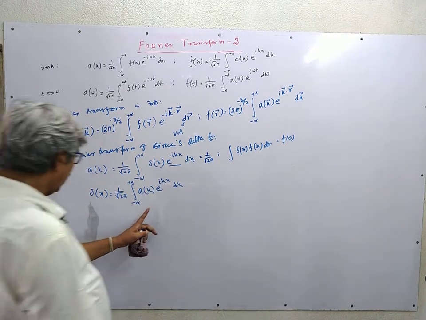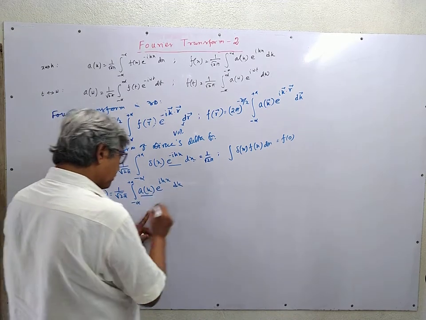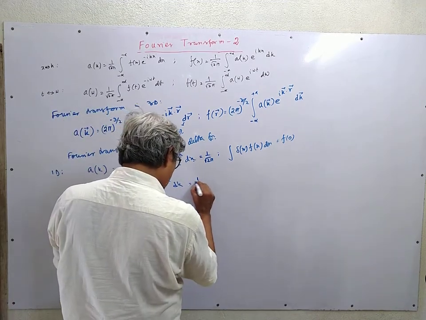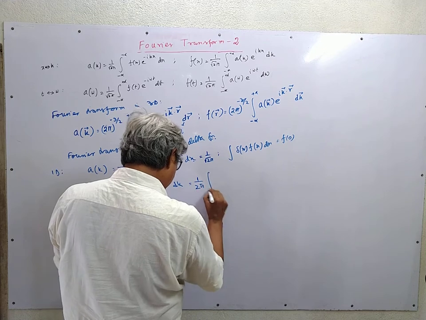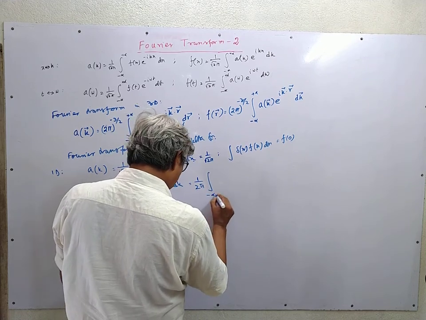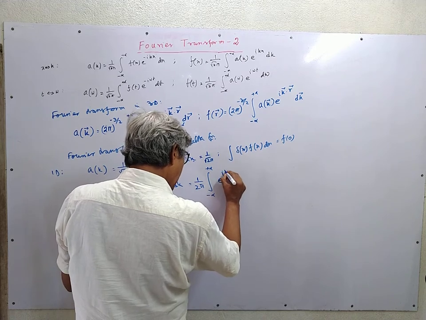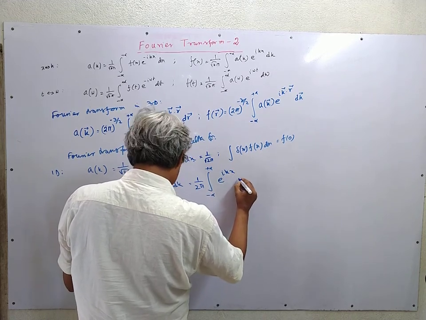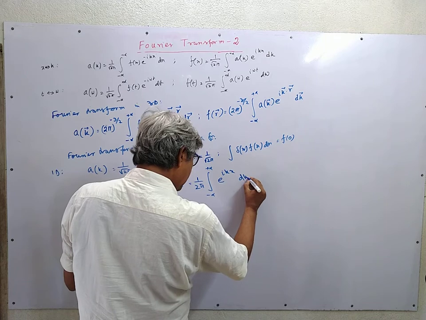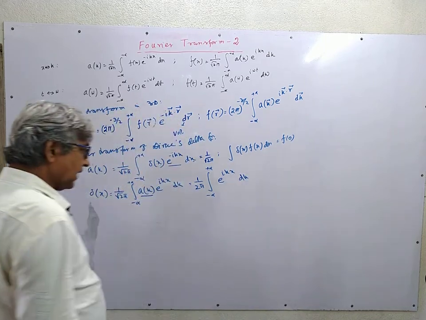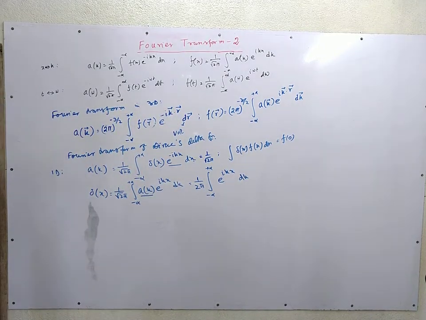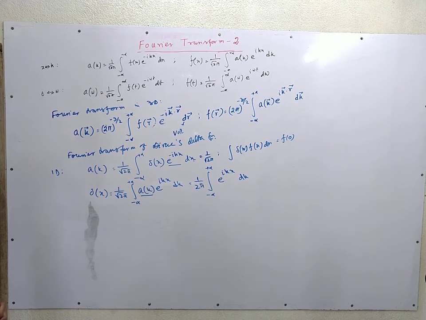We see that a of k is 1 upon root 2 pi, so this makes it 1 upon 2 pi, integration from minus infinity to plus infinity of e to the power i kx dk. This is the definition of the delta function in 1D.